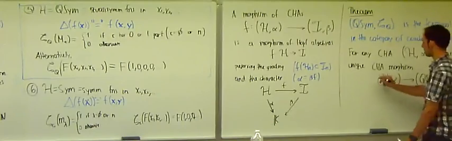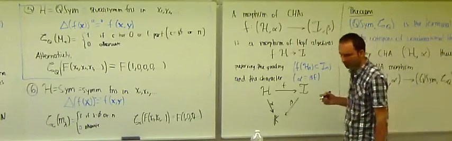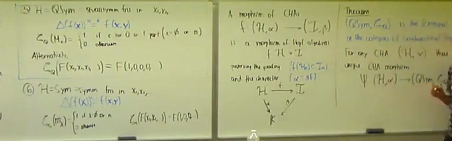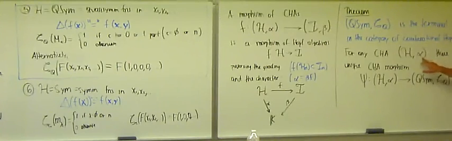Maybe I'll call this psi, I think I called it psi here. For any choice of alpha? Alpha is part of the combinatorial Hopf algebra. So if you choose H and you choose alpha, that completely determines this unique morphism.